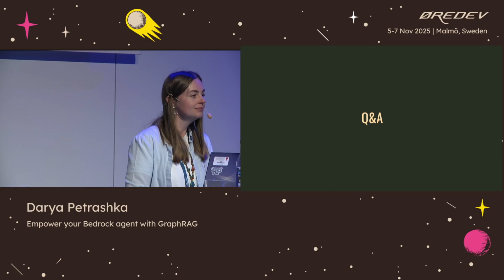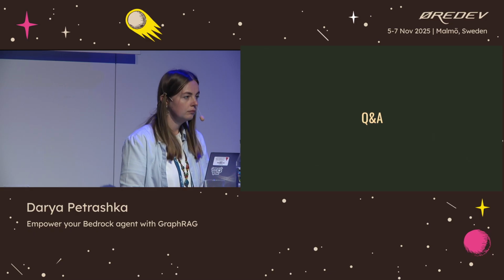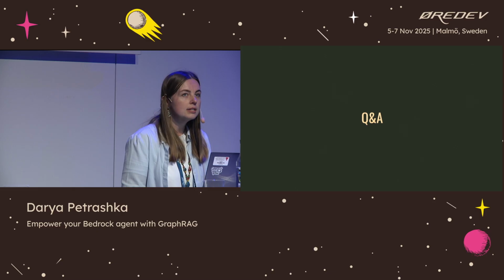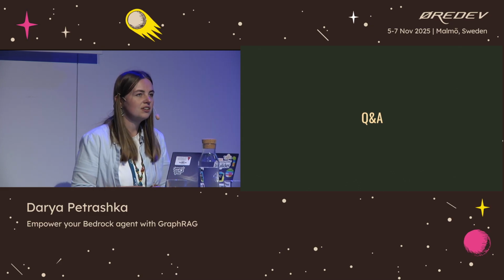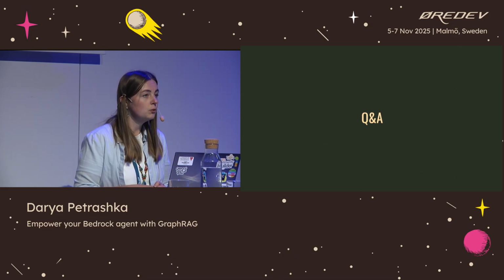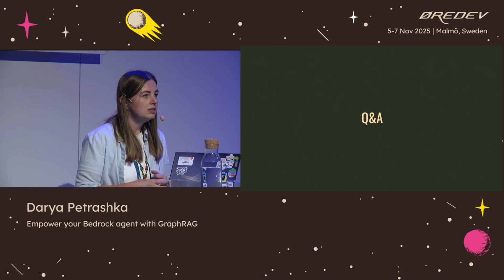Question: updating GraphRAGs, how does that look? Deleting and updating, is it a complex solution? Updating data into a GraphRAG system, I would say that it depends on the way you build the graph itself, and it depends on the domain, because some domains are pretty fast, like market analysis, and updating could be quite a hassle here.